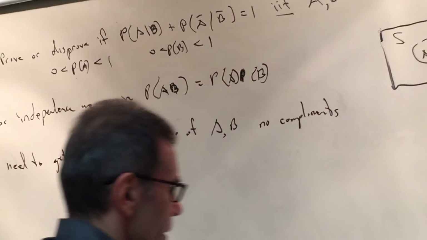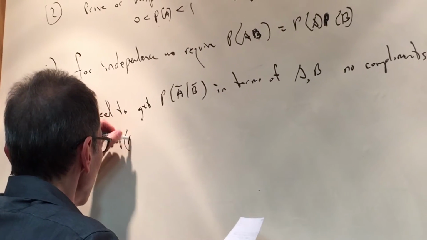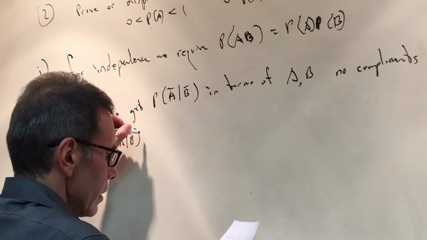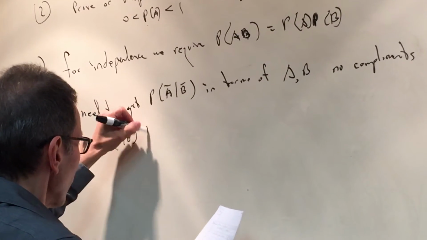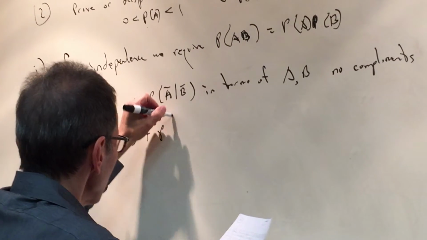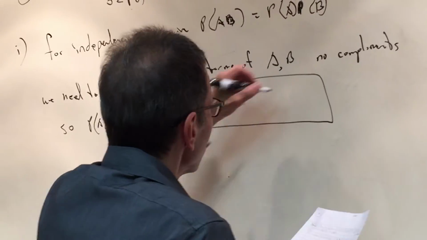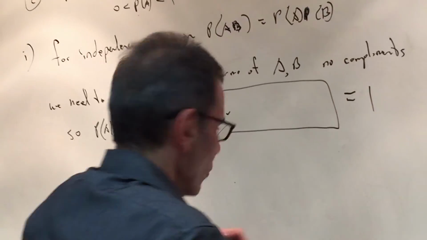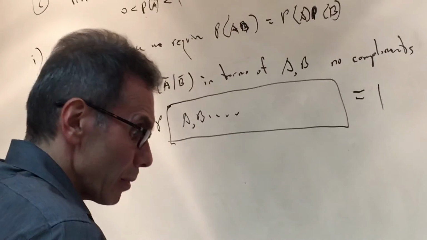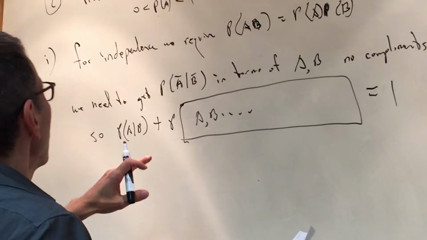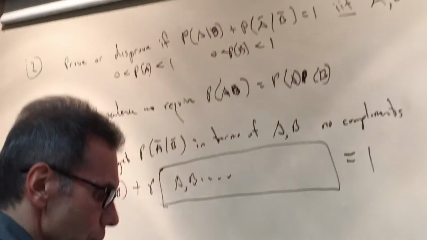I think that's key. So the probability of A given B plus the probability of A bar given B bar is going to equal 1. From there we can do some algebraic manipulation and attempt to achieve this form.